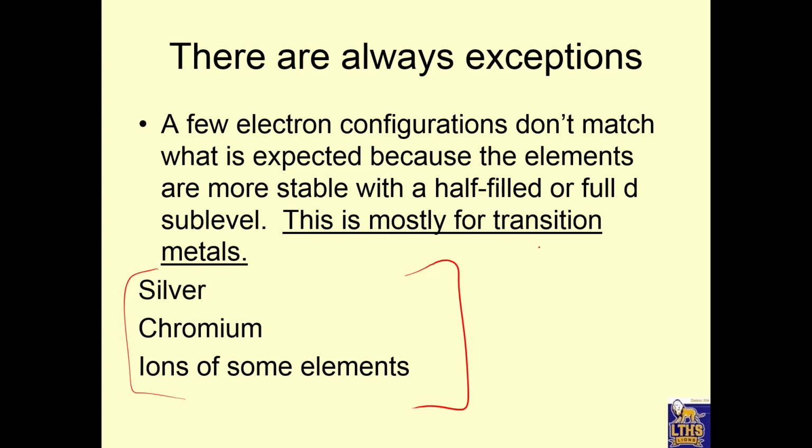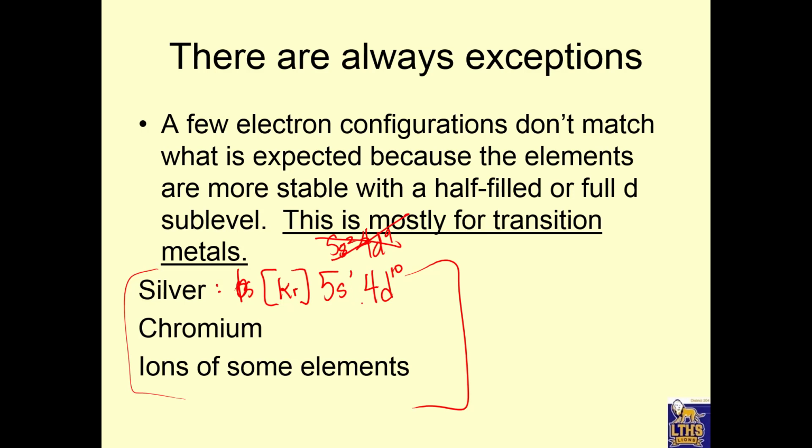So for instance, silver, I'm going to do short configuration. We have 36, and then 5s1, 4d10. You might be saying to yourself, wait a second, silver should have 5s2, 4d9. But that's not what we see. This is silver's electron configuration.